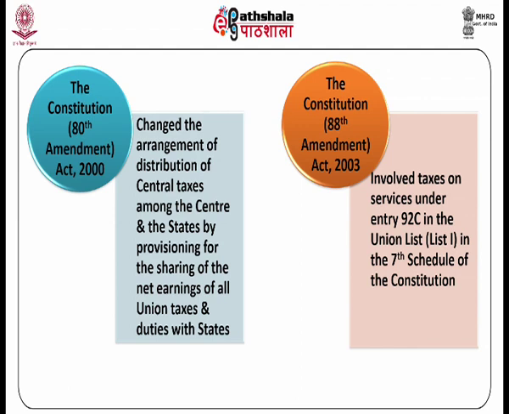This amendment changed the arrangement of distribution of central taxes among the center and the states by provisioning for the sharing of the net earnings of all union taxes and duties with the states. Still further, the Constitution, that is the 88th Amendment Act 2003, has included taxes on services under entry 92C in the union list, that is List 1, in the 7th Schedule of the Constitution.